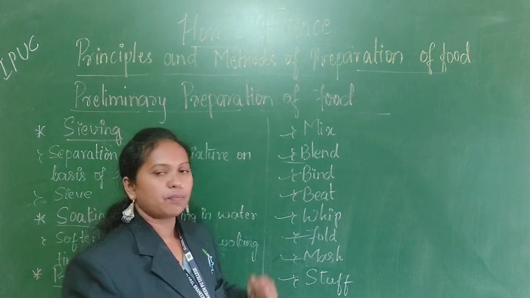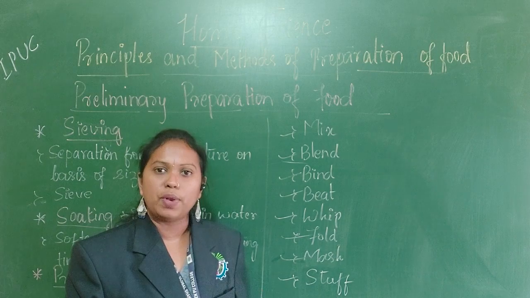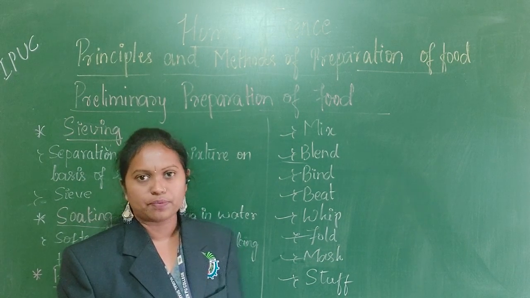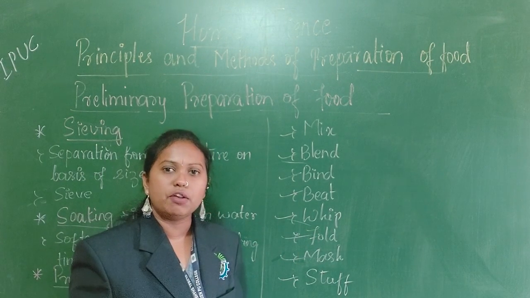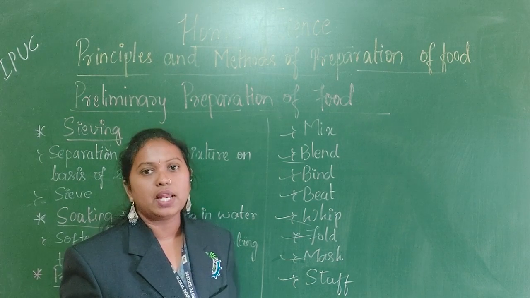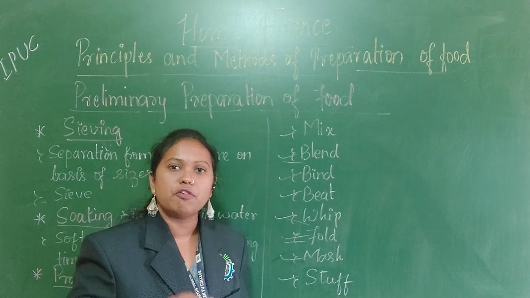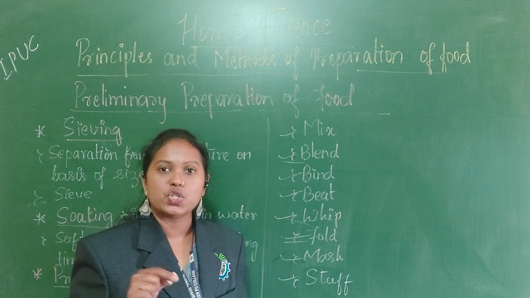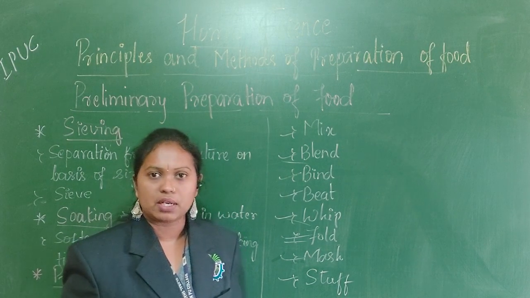Next is beat, to move an instrument, beater, back and forth to blend ingredients together to achieve a smooth texture. And whip, to beat with a rapid lifting motion to incorporate air into the food. Example, egg. Next is the fold, to mix a whipped ingredient lightly with another ingredient by gently turning one over the other with a flat implement.